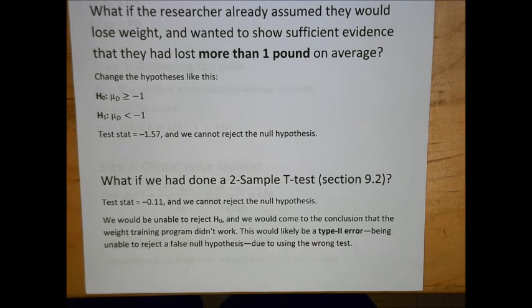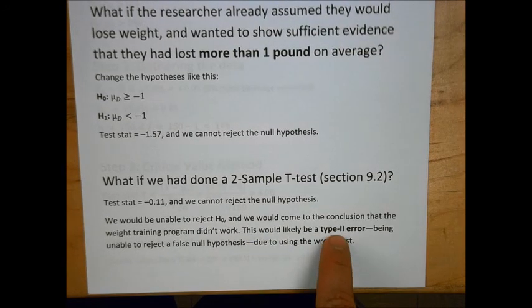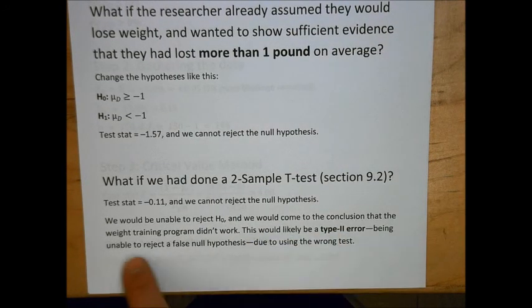In this scenario, we would come to the conclusion that the weight training program didn't work. But we just saw when we ran the appropriate test that the weight training program did work. Thus, this method likely led to a type 2 error, being unable to reject a false null hypothesis.